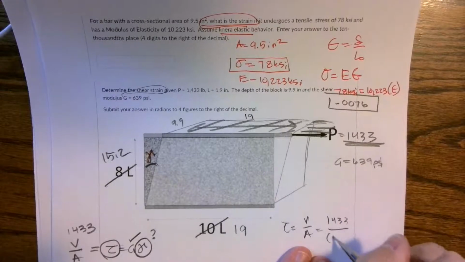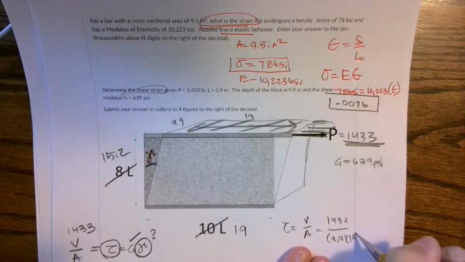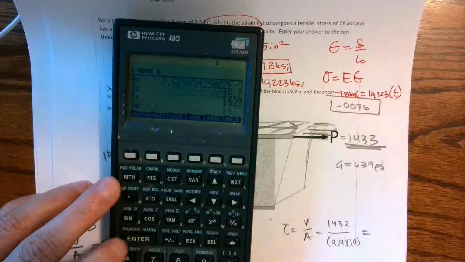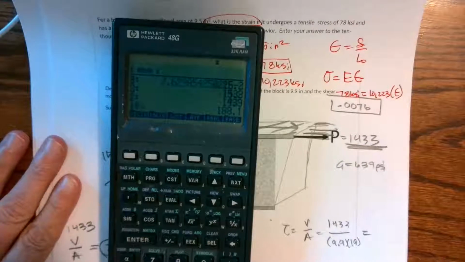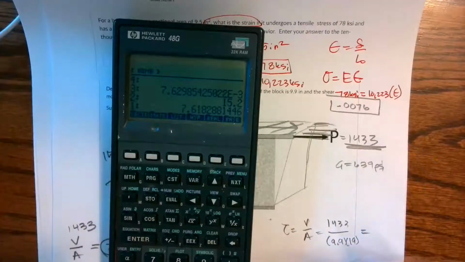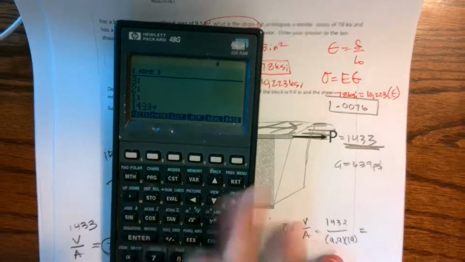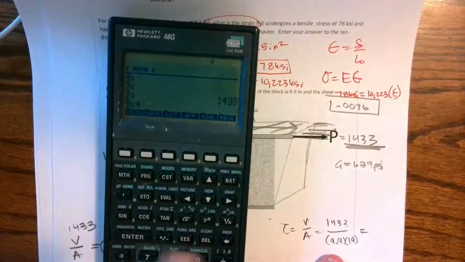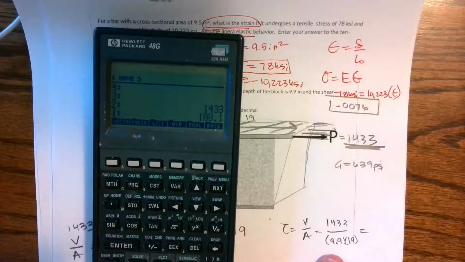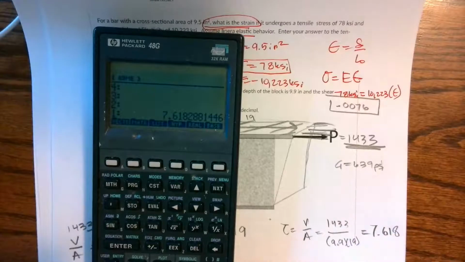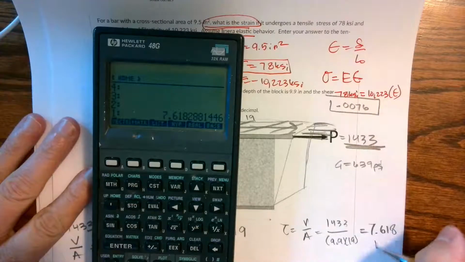So shear stress is V over A, 1433 over 9.9 times 19, and I get a shear stress of 7.618 psi.